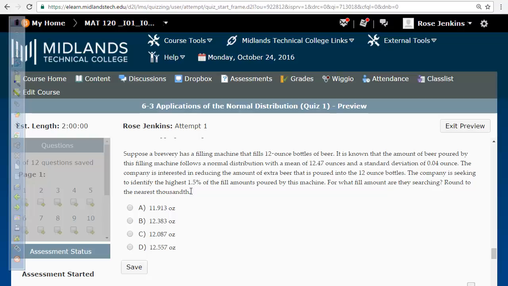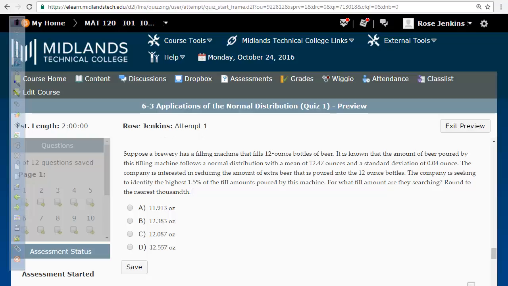It is known that the amount of beer poured by this filling machine follows a normal distribution with a mean of 12.47 ounces and a standard deviation of 0.04 ounce. The company is interested in reducing the amount of extra beer that is poured into the 12-ounce bottles. The company is seeking to identify the highest 1.5% of the fill amounts poured by this machine. For what fill amount are they searching?